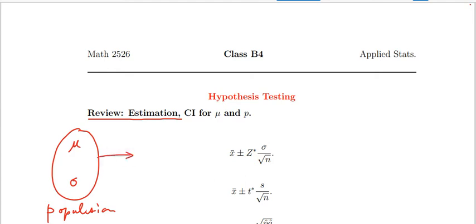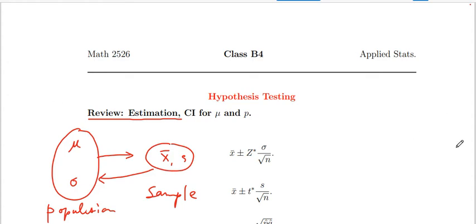We just take a sample. From the sample, we can find the sample's average and the sample's standard deviation, s. So we use those to estimate the population's mu and the population's sigma. Typically we focus on the population's mu.